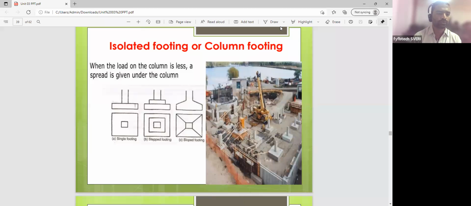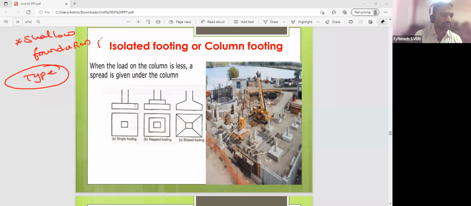Here write on the side: shallow foundation, its types. First one, isolated footing, or column footing.